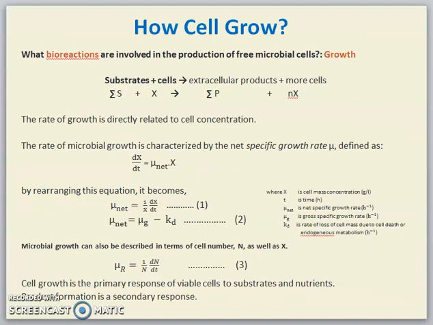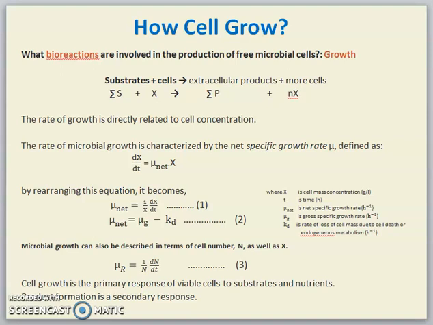So how do cells grow? Because we are dealing with cells or microbes here. How do cells grow in order to produce the bioproduct? First of all, what bioreaction is involved in the production of free microbial cells? It is growth. Growth is important in the bioprocess.